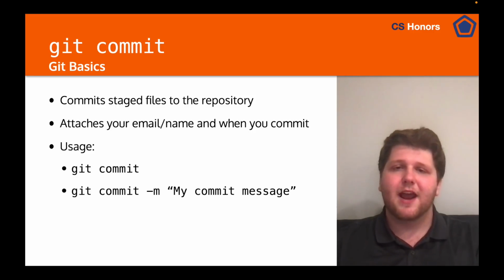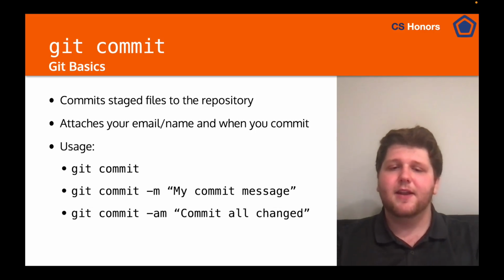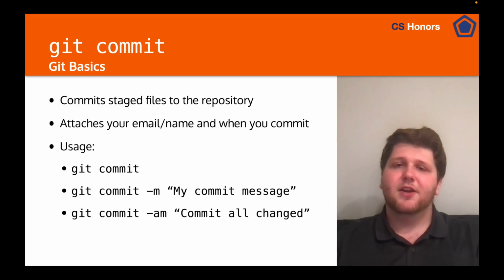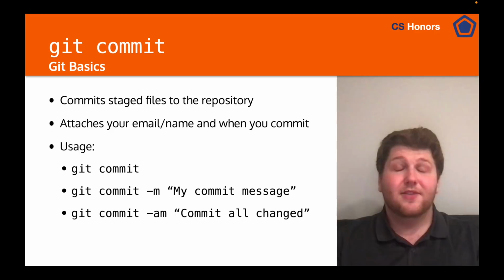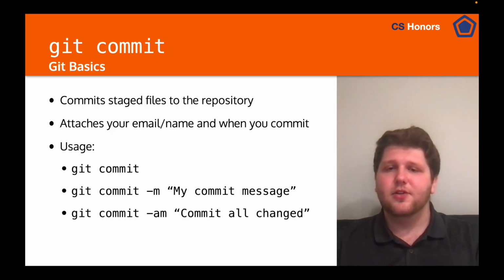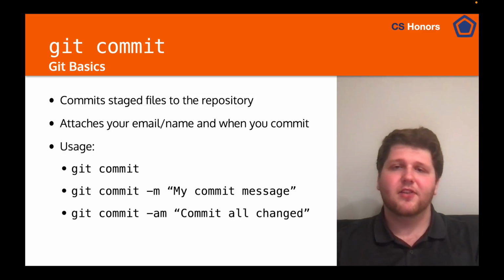This is usually what I use: git commit -m, and then whatever message I need in quotations. And then finally, you can also use git commit -am to commit all changed files, right? You don't have to do git add if you use the -a flag, and confusingly, it will actually do git add -u and then run git commit -m with your commit message just like before.